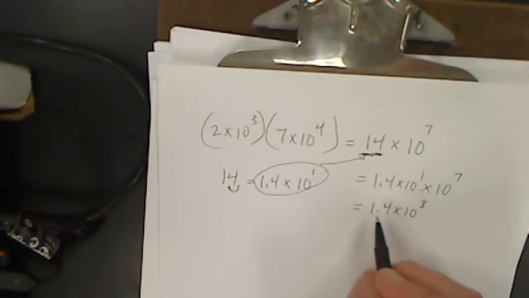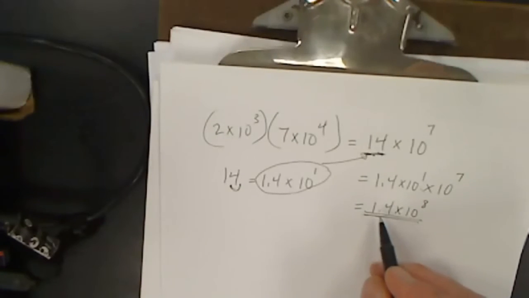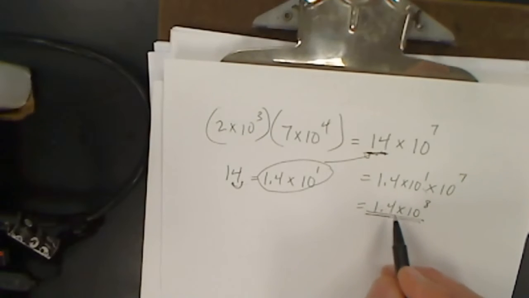Okay, so is this good scientific notation? Is this number between 1 and 10? It has to be bigger than 1 and less than 10. Is 1.4 bigger than 1?